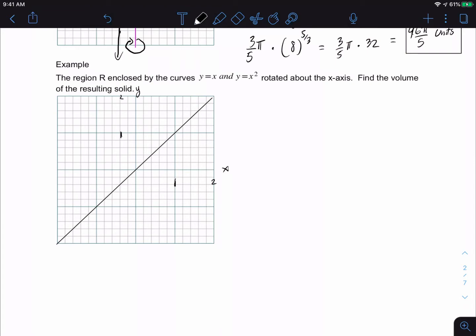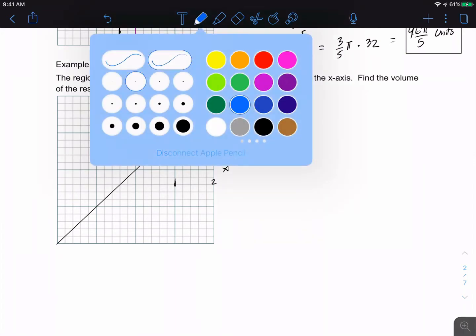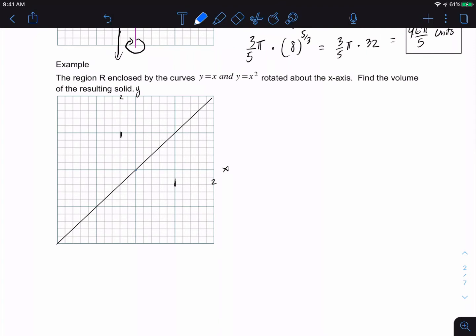Agreed? That is y equals x squared, and I'll just keep going with that so you can see. Something like that. Now the region that's bounded is this right here, correct?